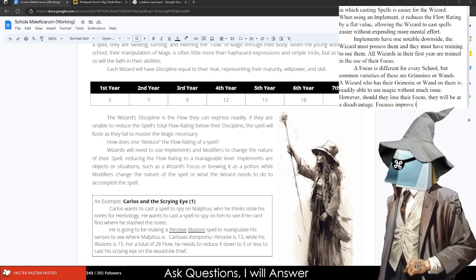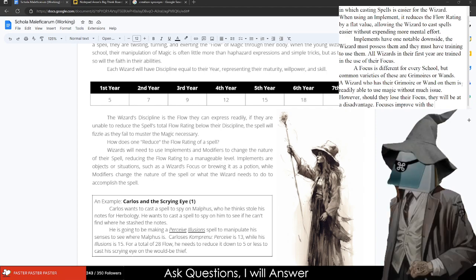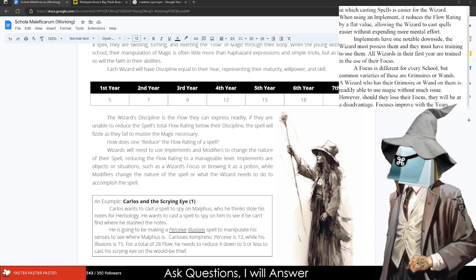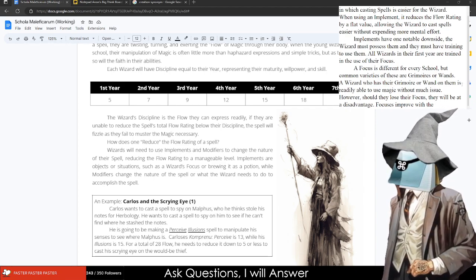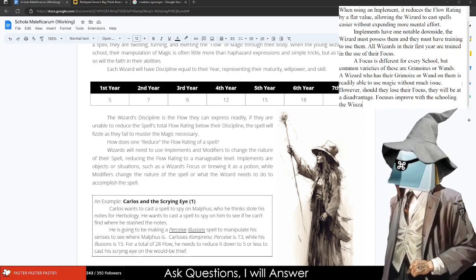Focuses improve with the schooling the wizard receives.